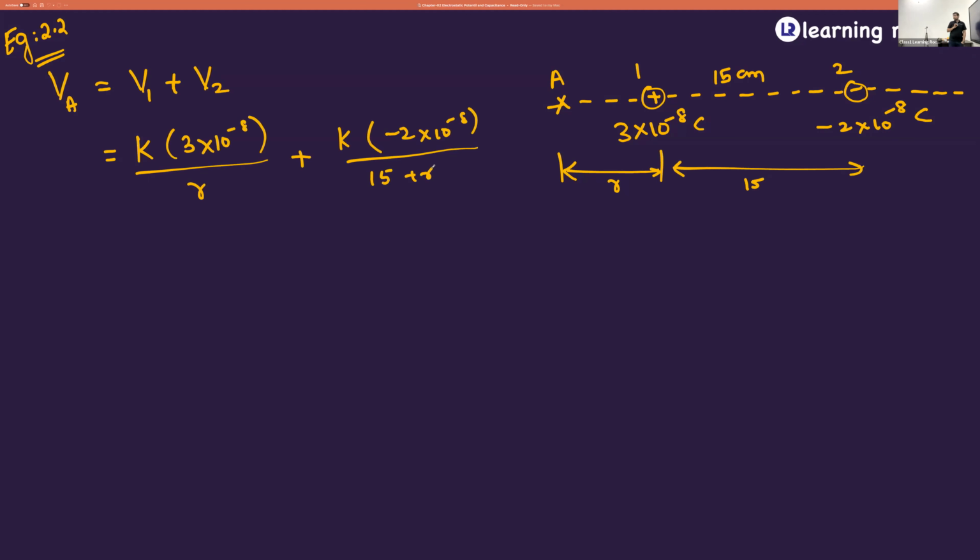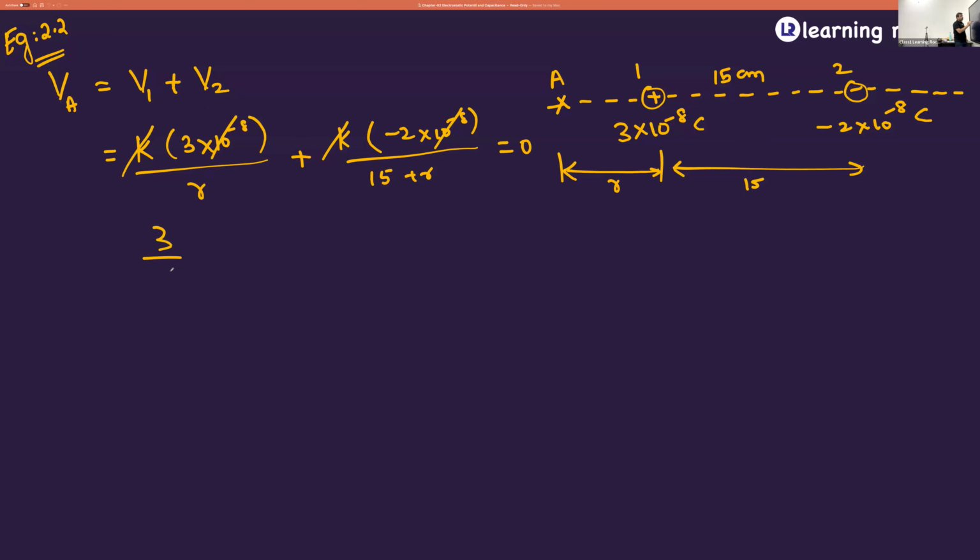According to the question, the potential at this point is supposed to be 0. So K and 10 power minus 8 cancel off.